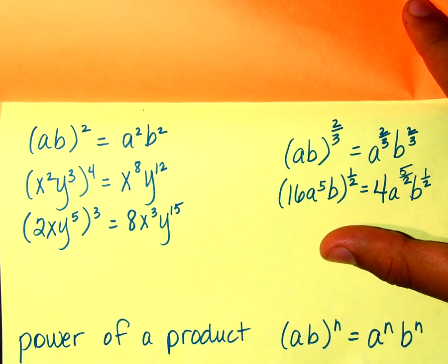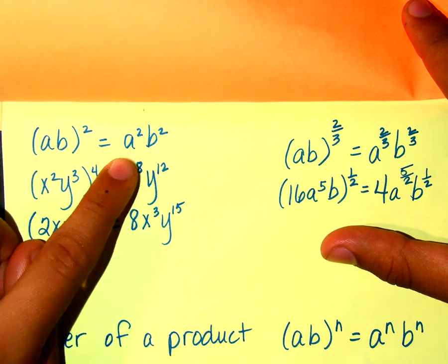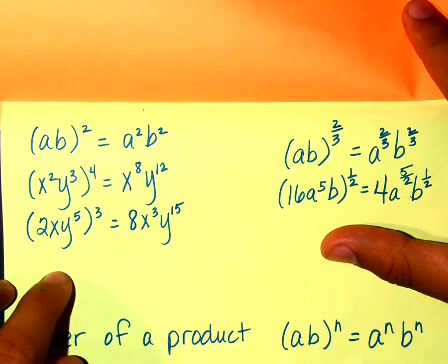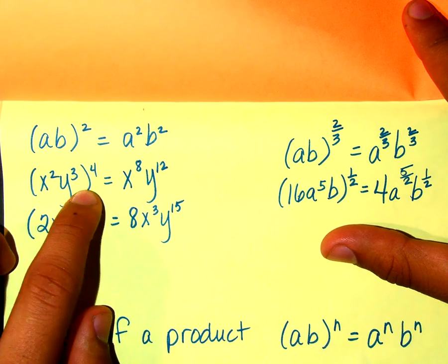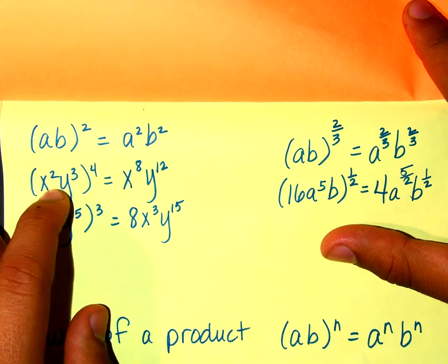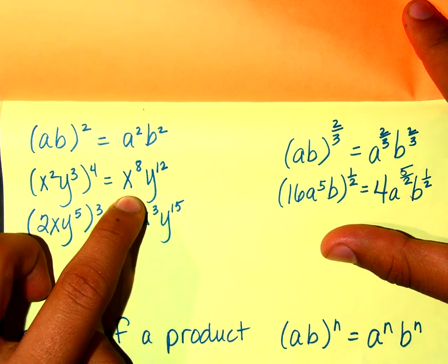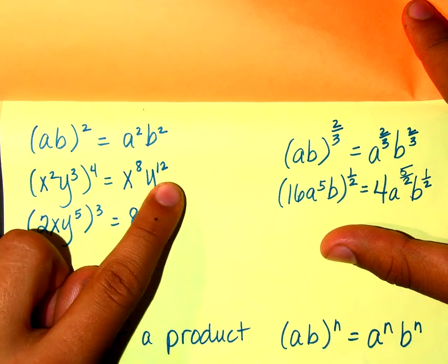Okay, so here you'll see we distribute the 2 to ab, so we get a squared times b squared. Here we already have an x squared, so when we distribute the 4, we're multiplying these exponents, so we get x squared to the 4th, which is x to the 8th, y cubed to the 4th, which is y to the 12th.